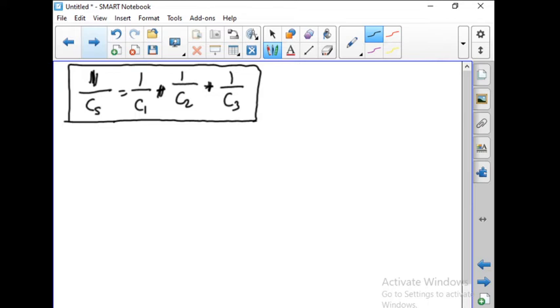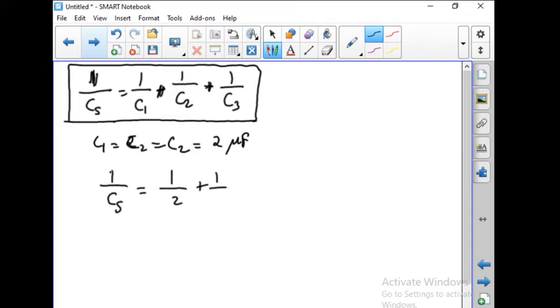For example, if you take C1 is equal to C2 is equal to C3 is equal to 2 microfarad, then what is the equivalent capacitance? While writing the equation, be careful, you should write 1 by Cs is equal to 1 by 2 plus 1 by 2 plus 1 by 2, which is equal to 3 by 2.